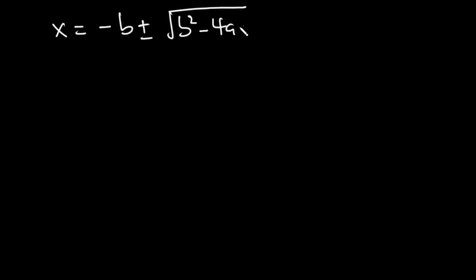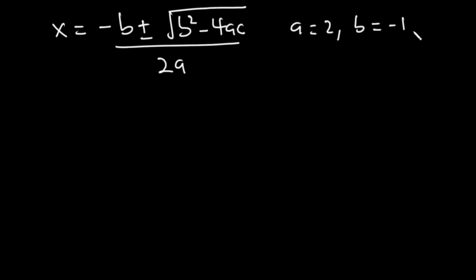Now the general quadratic formula is given by x is equal to -b plus or minus the square root of b squared minus 4ac divided by 2a. So from the equation, a was equal to 2, b was equal to -1, and c was -1.